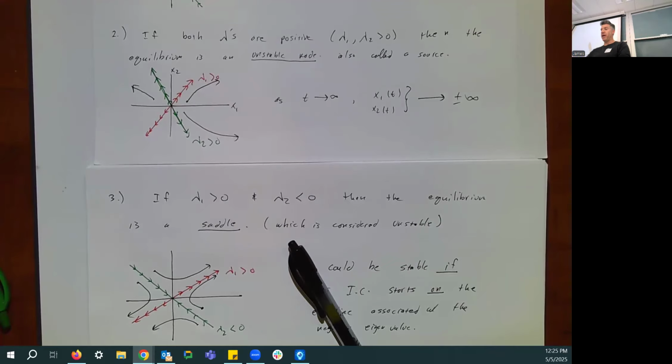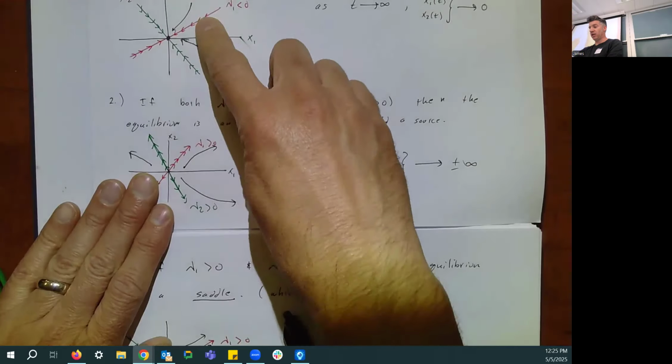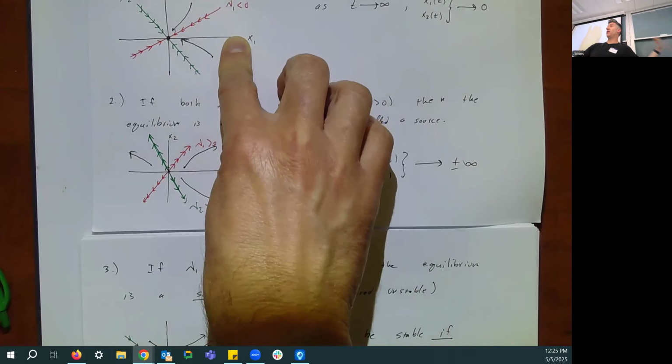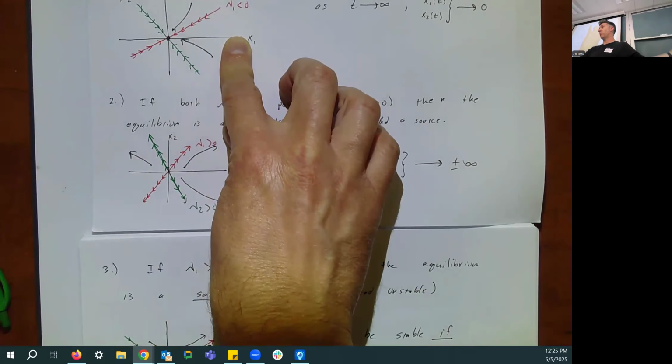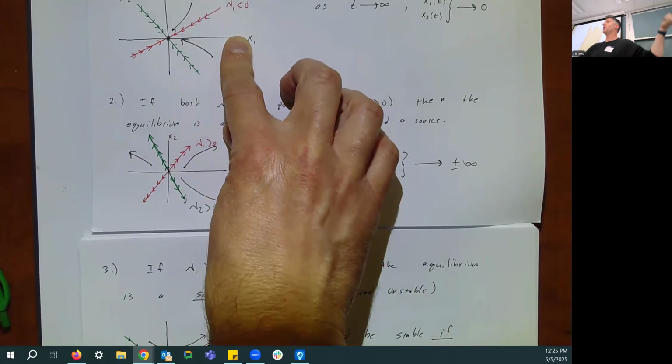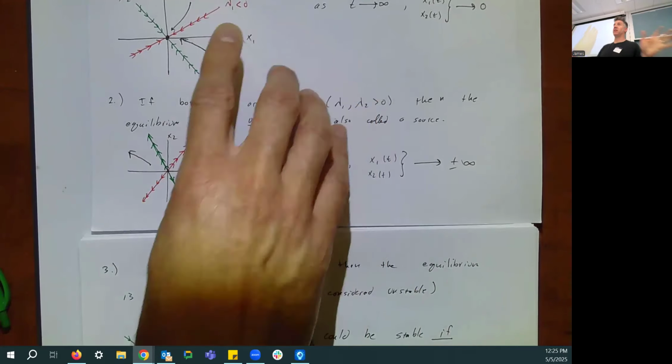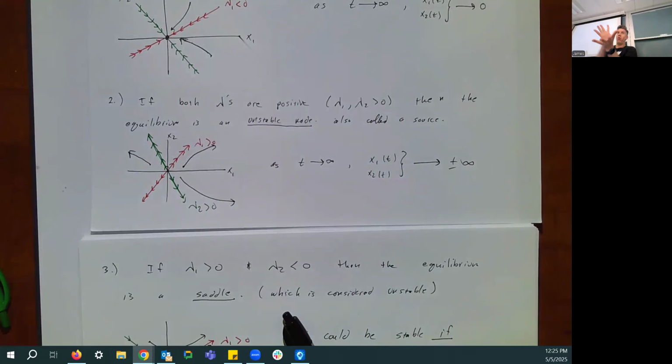Similarly, when they're both negative, you get stability. And we'll see later on that if you have complex eigenvalues where both real parts are negative, you also get stability. It's just that instead of being a node where you're just pointing out or pointing in, kind of like a spider web, you're spiraling out or spiraling in when it's a complex eigenvalue. And we'll definitely get there eventually.